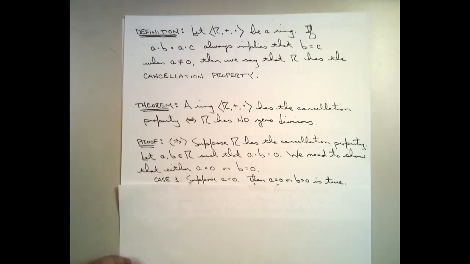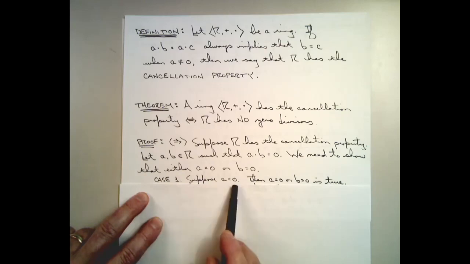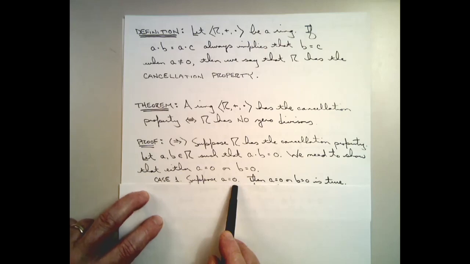Suppose A is zero. Well, then our conclusion is true, isn't it? It's true that either A is zero or B is zero, if we're supposing that A is zero. That's case one. We have to go through all possible cases. We want to be exhaustive with our cases. So let's see. If I'm going to be completely exhaustive and one of my cases is A equals zero, then I guess the other possibility is that A isn't zero.